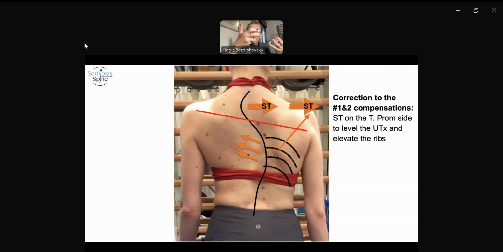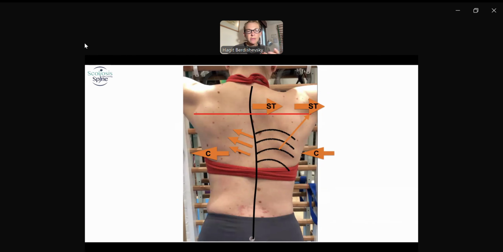The traction there, the pressure laterally, will pull the spine towards the scapula on the right side. So if you look from here to the next step, you will see the red line become straighter. You see the upper thoracic getting pulled towards the center of the body and the rib cage being lifted.